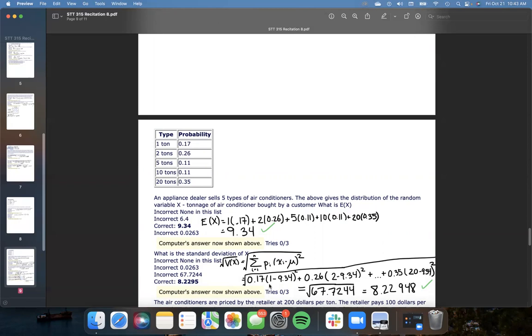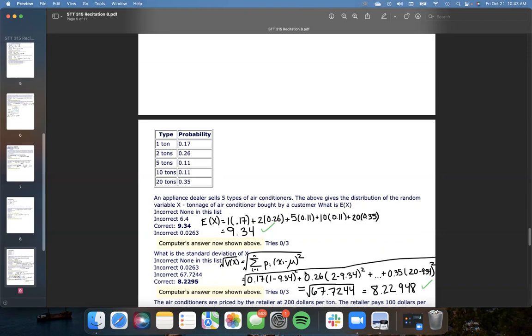So we have 0.17, and then multiply that by xi minus mu squared. So x1 is 1, and then minus 9.34, which is what we found the expectation of X to be. That's mu. So minus 9.34 squared, and then we're going to add that to when i equals 2.